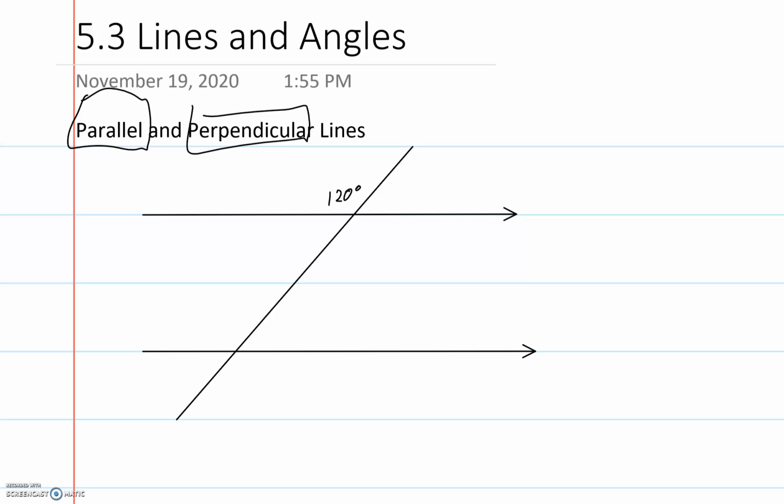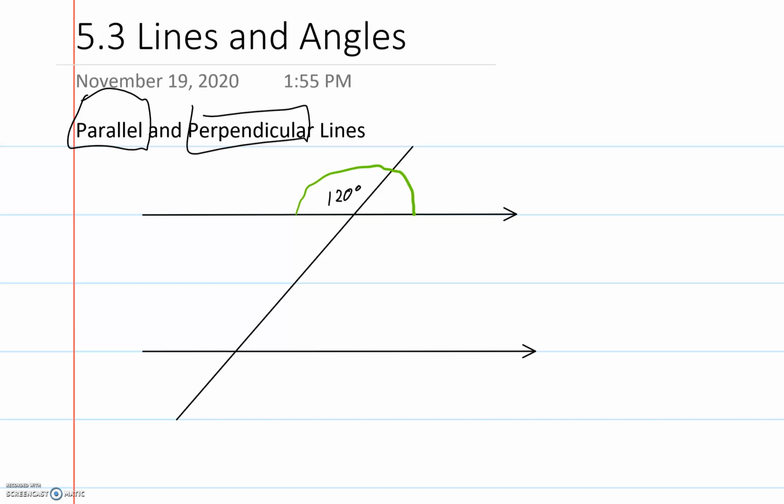Now there's some cool things you can do if you know you have a parallel line set. So here's this and this are parallel to each other. And if this is its own line, then it's parallel with itself. So that being said, we can do some pretty cool things. We can, first of all, realize that over here, this is a straight line going all the way across from here to here.